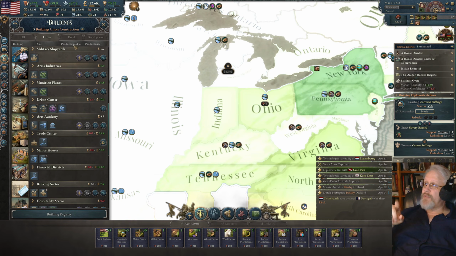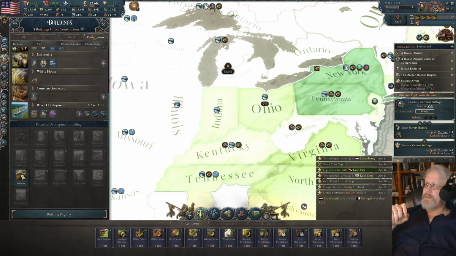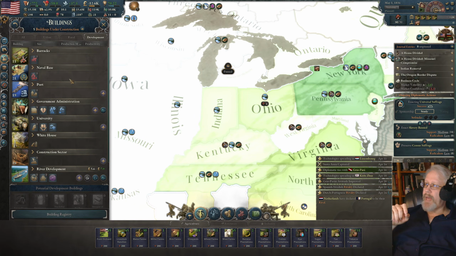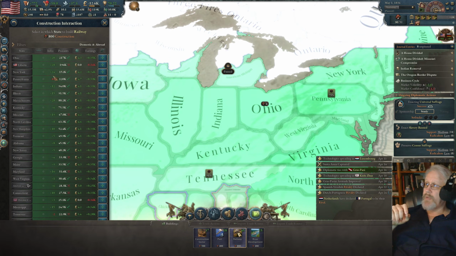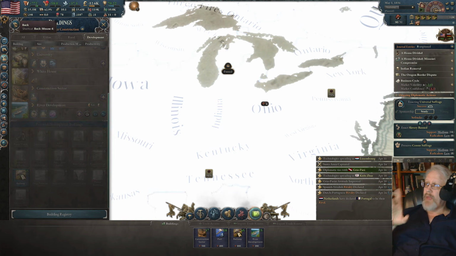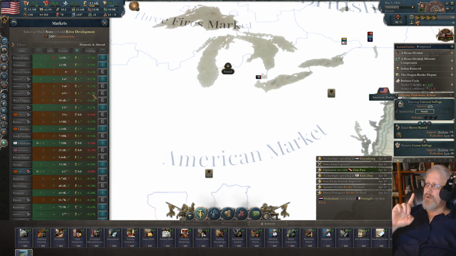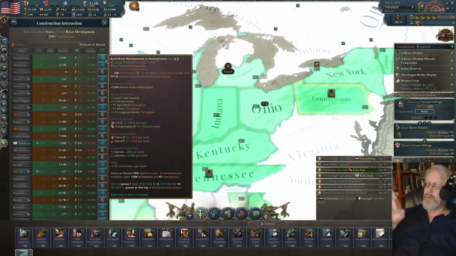And because we have the shortage there, let's go to our development. And I'm going to look at building out a railway. Okay, so if I sort by infra, Pennsylvania and Tennessee are most in need of it. But we could also look at river development, and I can build my canal system in Pennsylvania and Tennessee.